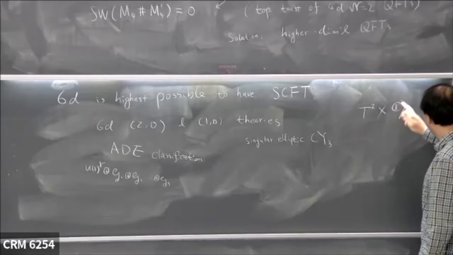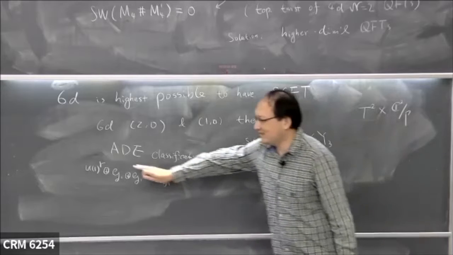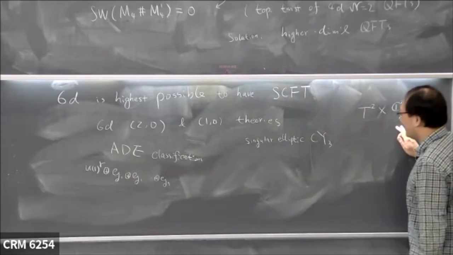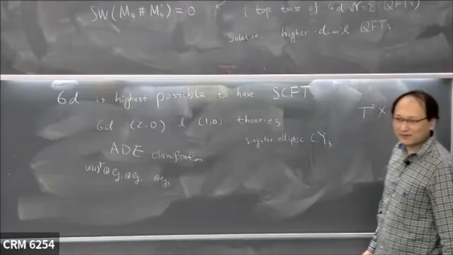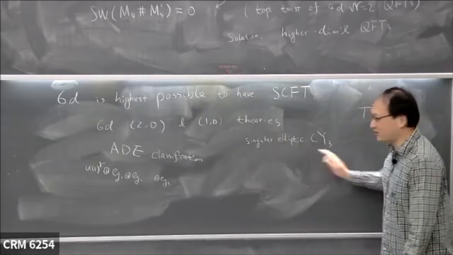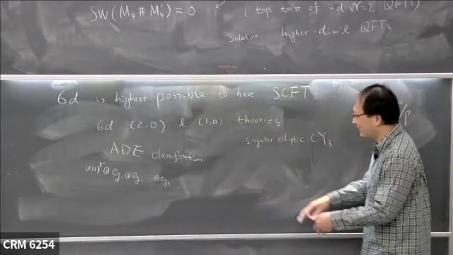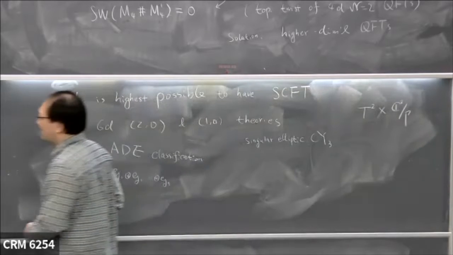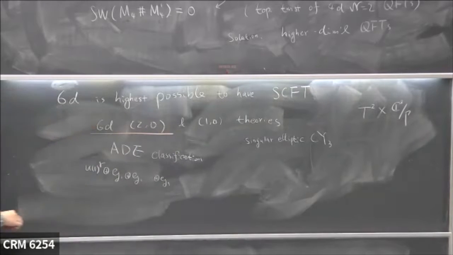And if you want to classify the singularity, that's indeed something classified by ADE. So this is a way of embedding (2,0) theory inside the world of (1,0) theory. So they are special kind of (1,0) theories, but then you see that it can be more general. I imagine this just gives you a feel of this world. Later, we are going to use primarily 6D (2,0) theories, and you just need to keep in mind that they are labeled by ADE Dynkin diagrams.